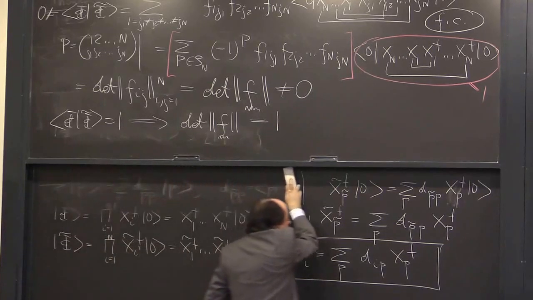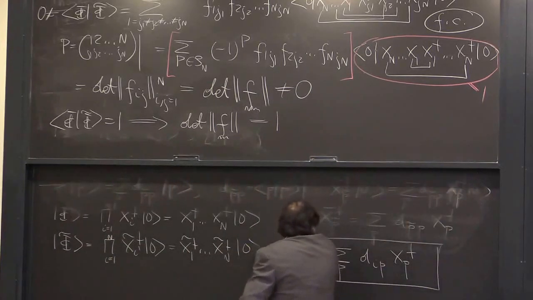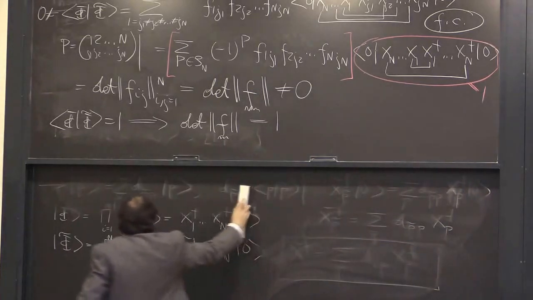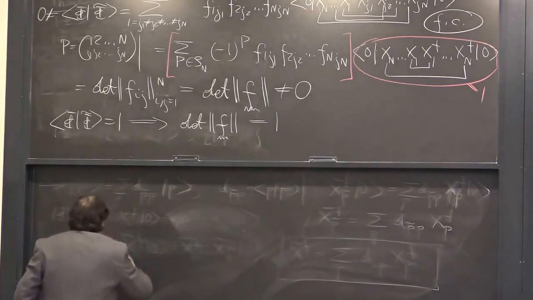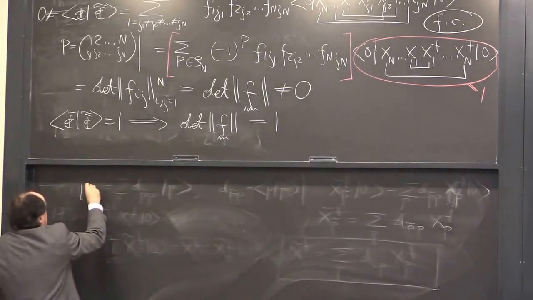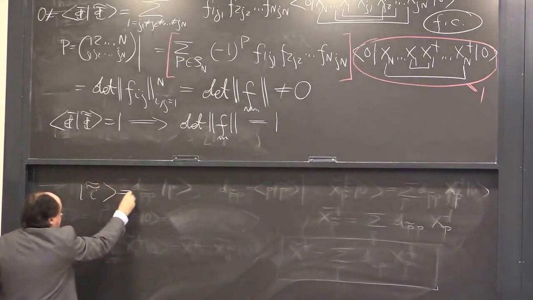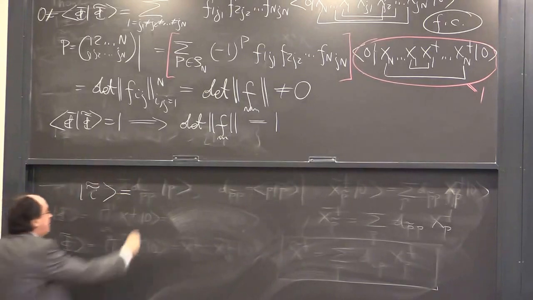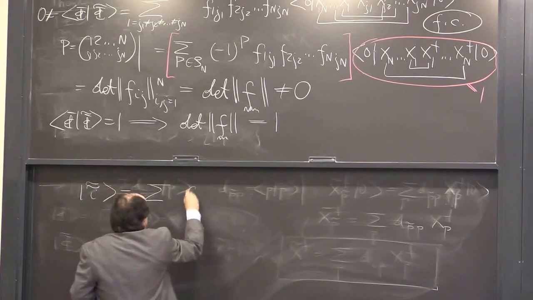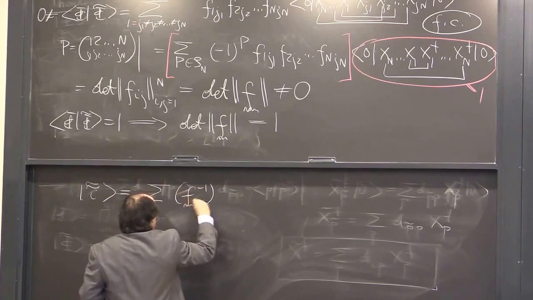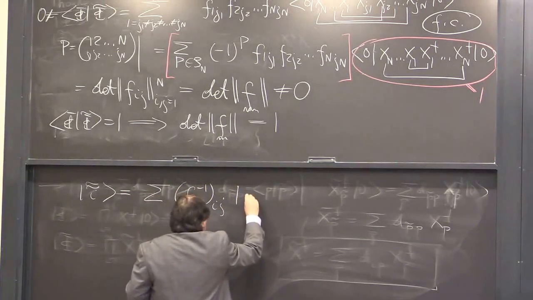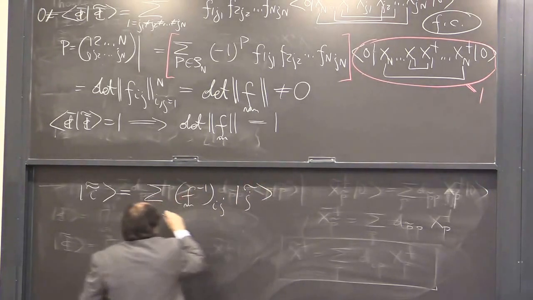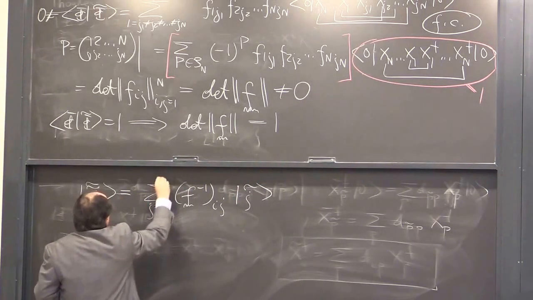So what I'm going to do now is transform our tilde occupied spin orbitals into the double tilde form in the following way: f to the minus 1, i j, tilde, summed over j from 1 to n.